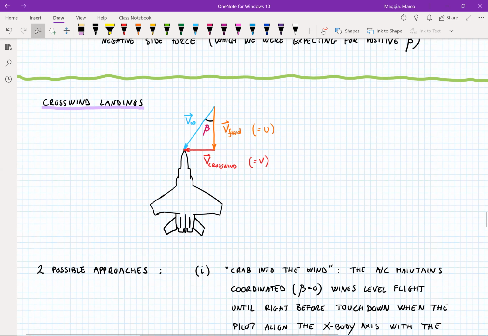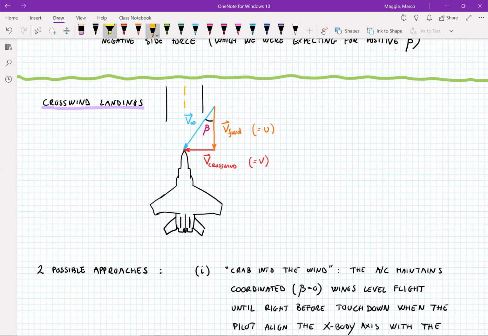All right, so the last thing that I want to talk about is crosswind landings. So let's say that we want to land on a runway, but the relative wind is not aligned with the runway. So let's say that the runway is like this, but the relative wind comes from an angle.